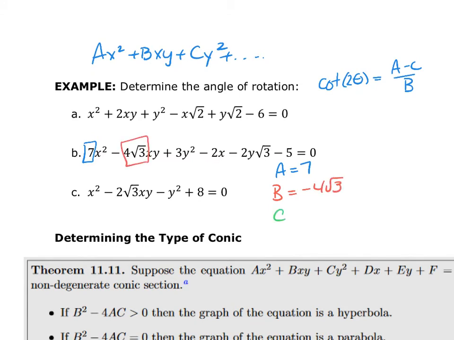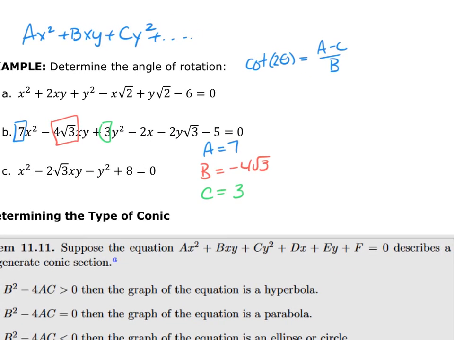I'm going to pull off the C, and that's 3. So I'll need those 3 things. So my angle of rotation formula: the cotangent of 2 theta is equal to 7 minus 3 over negative 4 root 3.